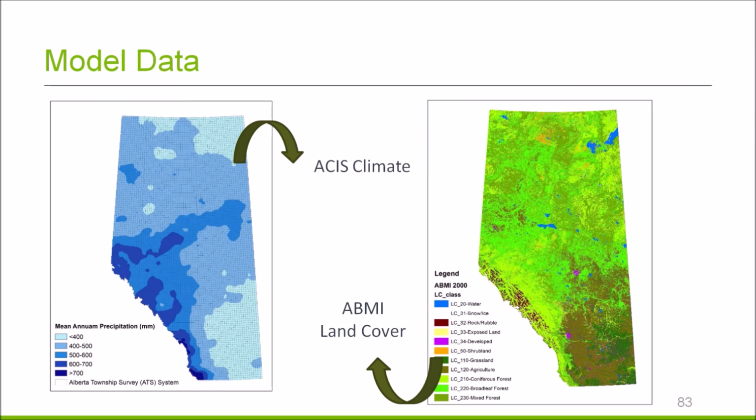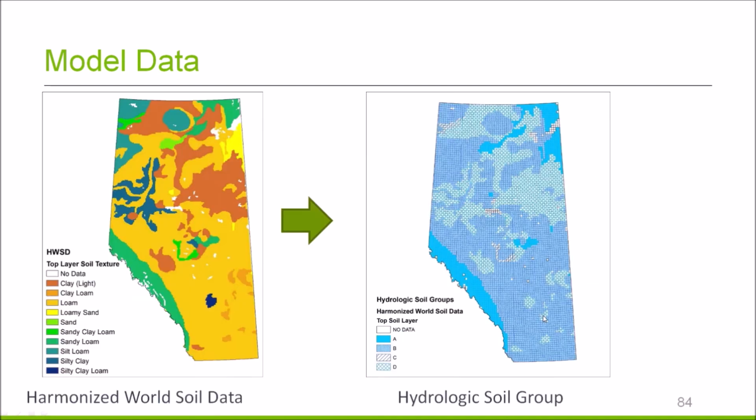So we have precipitation, temperature, relative humidity and solar radiation, and all this information necessary to run the model. We also use Alberta Biodiversity Monitoring Institute land cover data, because we do need land cover information, and they have different types of land cover classes.